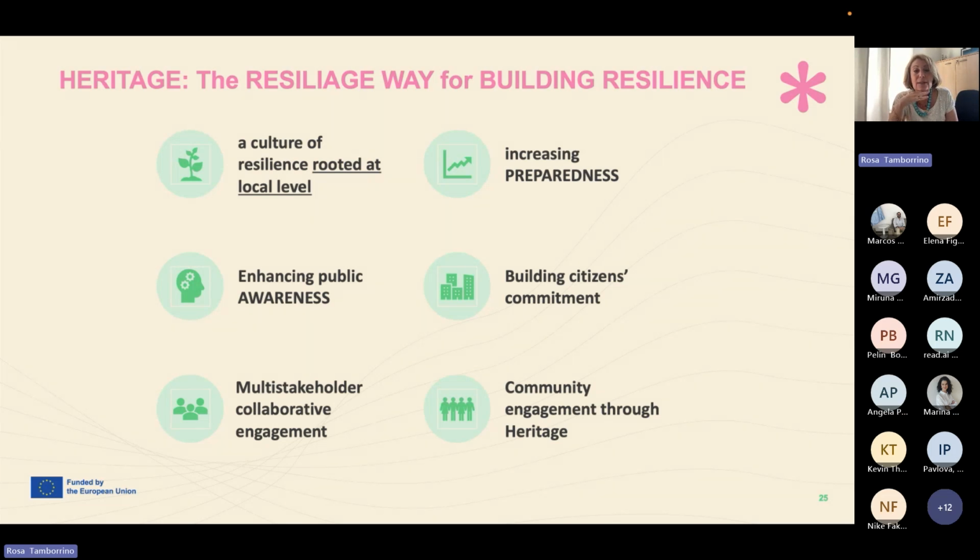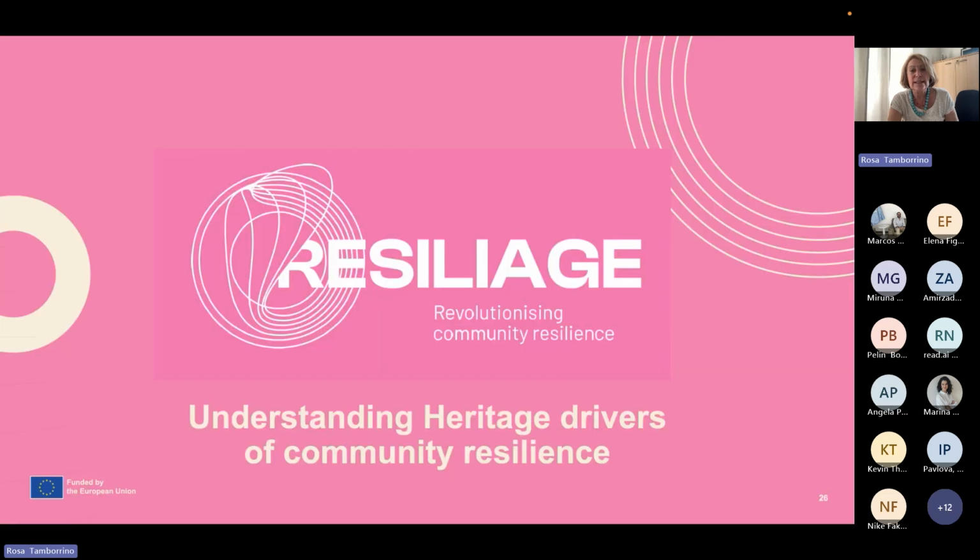because culture of resilience should be rooted at the local level, because we would like to enhance public awareness, and also because we consider that heritage is also an important activator of communities, because it's something that is owned in a way by the communities.